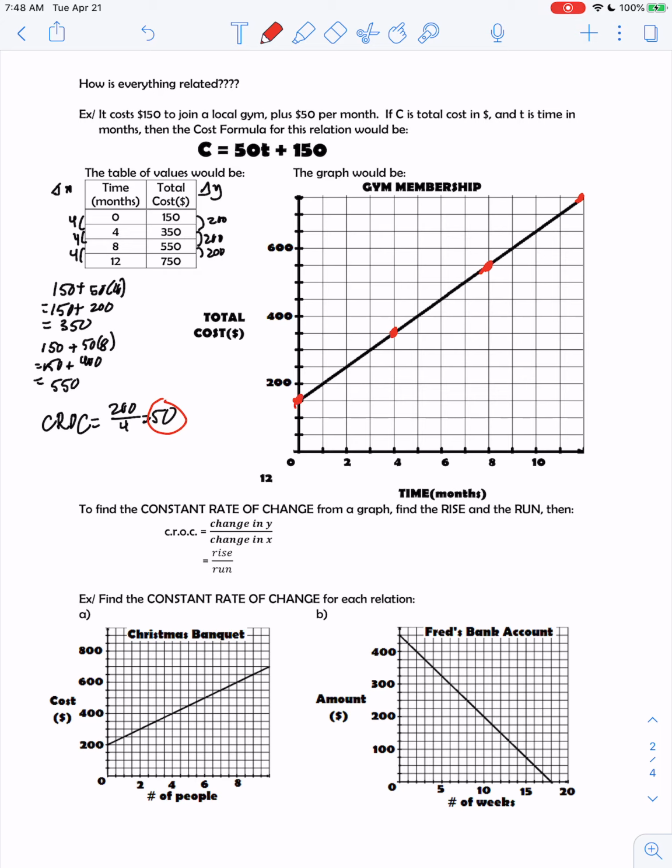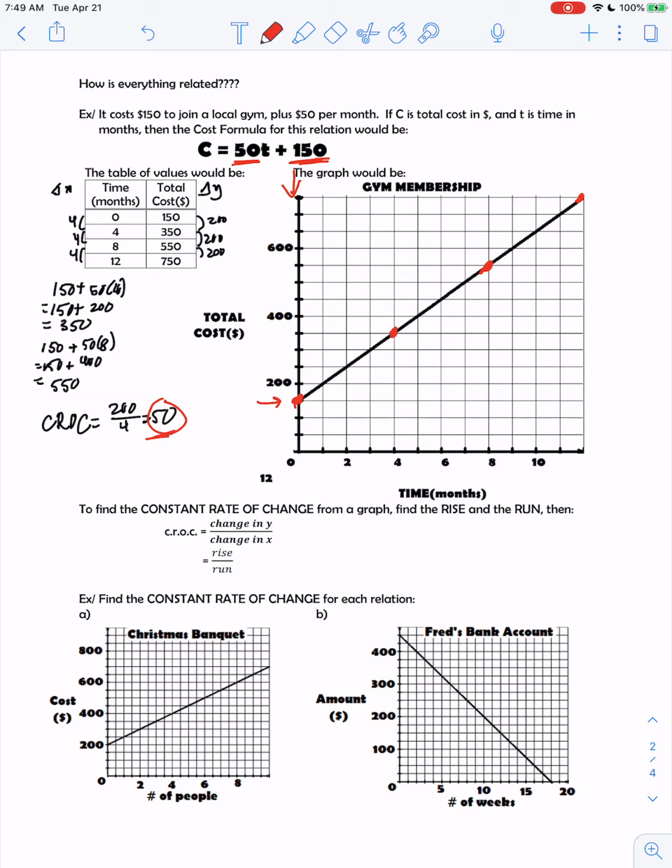Now, something else that's really important to see, and we're going to talk a little bit more about this in the next lesson, but notice this graph on the vertical axis is at the $150. So this number here tells you what your rate of change is in the graph.